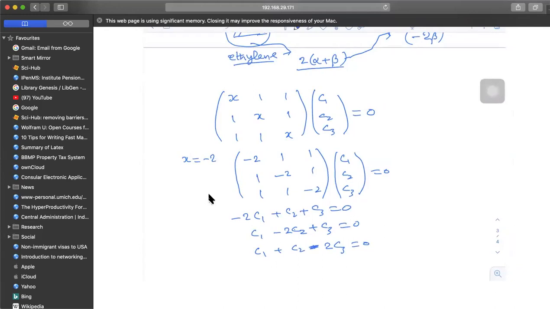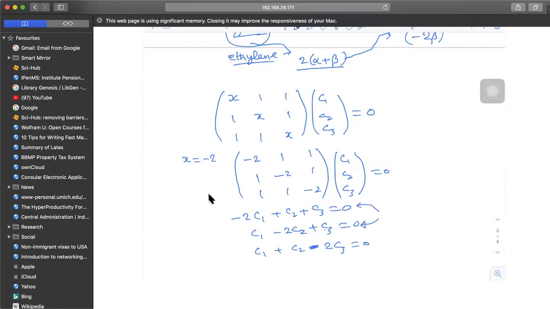So now you have to solve. How will you solve? Well, there are different ways of solving, but for example, you can subtract the second equation from the first.